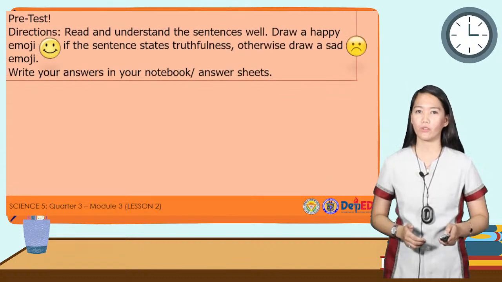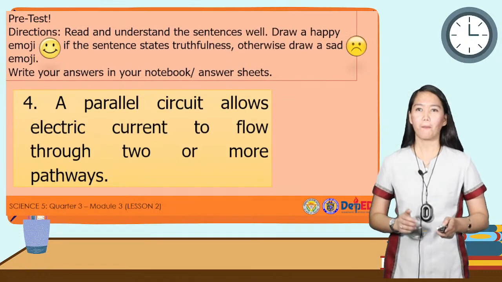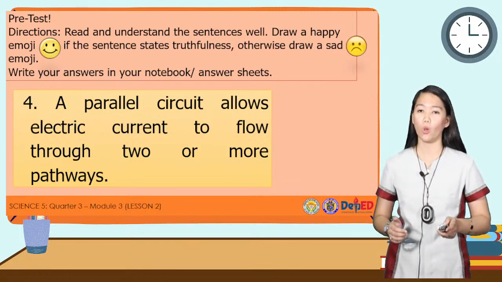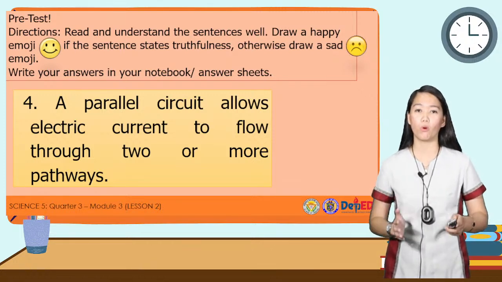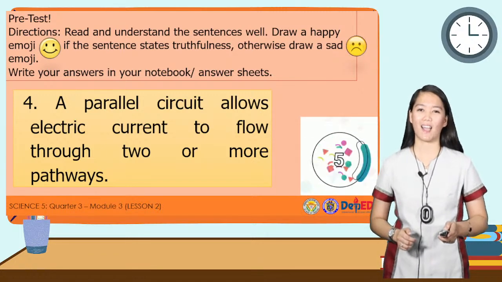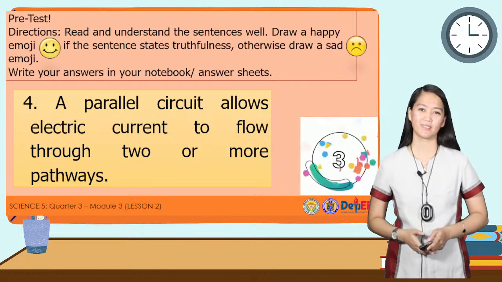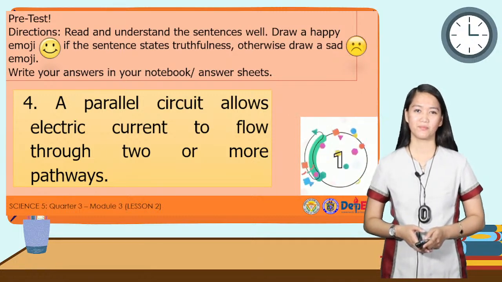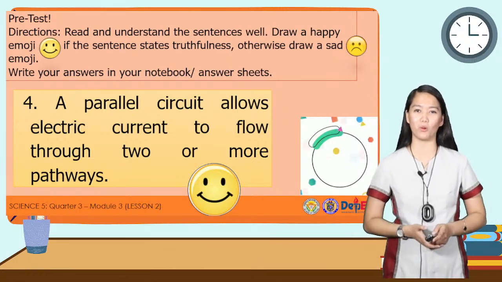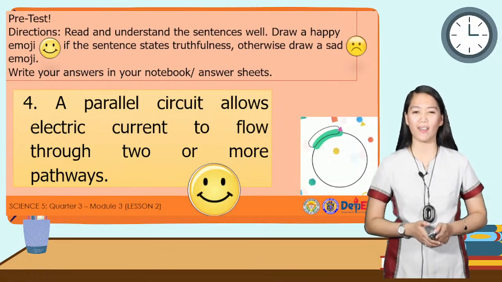How about the fourth one? A parallel circuit allows electric current to flow through 2 or more pathways. Your time starts now. If your answer is a happy emoji, then you are correct.